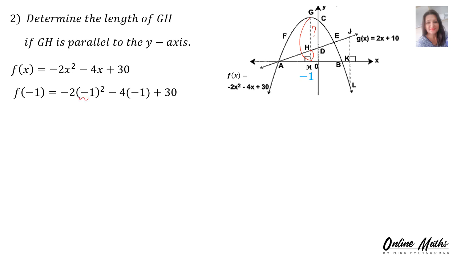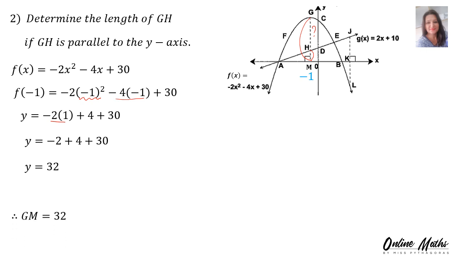Then (-1)² is plus 1. And -4 times -1 is plus 4. In the next step, -2 times 1 is -2, -2 + 4 + 30, and we end with y = 32. So that means GM's length is 32 units.